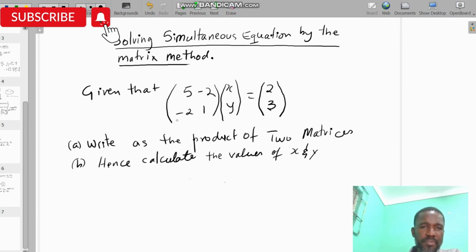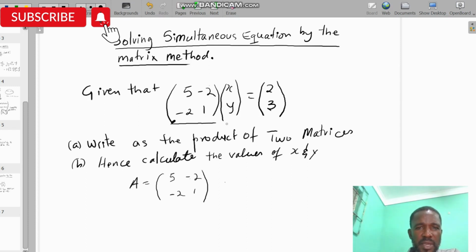Now, this first matrix is called matrix A. So matrix A is equal to 5, -2, -2, 1.